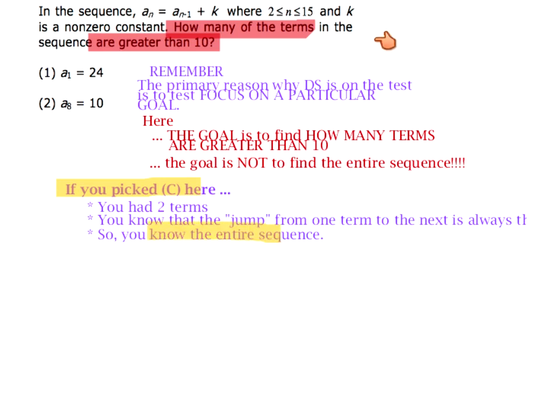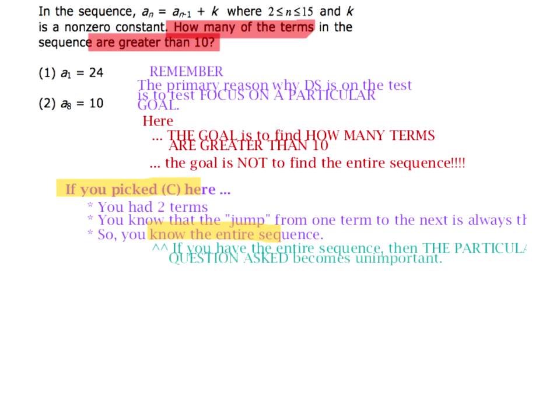If you pick choice C, then you don't really have to think about this issue, because you would have the entire sequence, and so you don't have to focus on the question anymore. If you have the entire sequence, then the particular question that they're asking becomes unimportant, and that's not good.